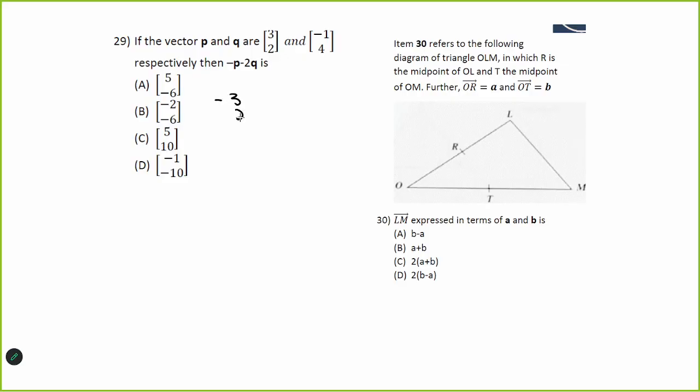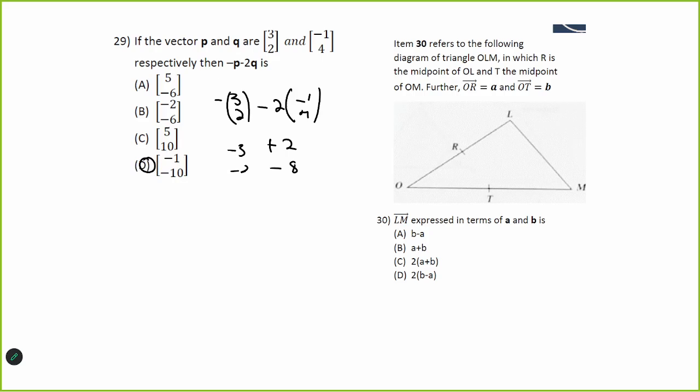Minus 3, 2, minus 2 by minus 1, 4. So that is negative 3, negative 2, negative 2 by negative 1 is plus 2, so that is minus 8. So that's negative 1 and negative 10.